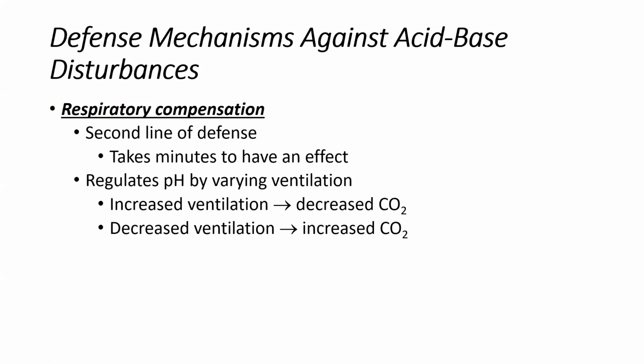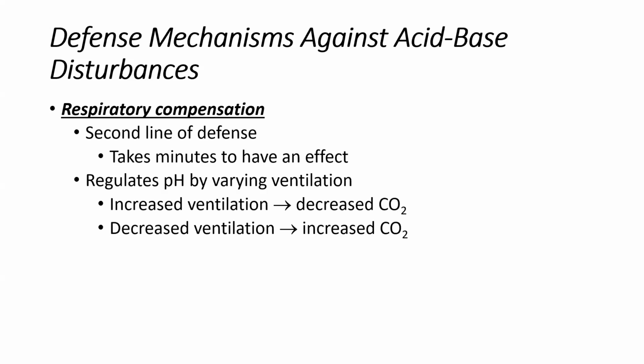Okay, now we get to speaking about the respiratory compensation. This is how the lungs can kick in and compensate or correct any acid-base disturbance. This is usually a short-term or immediate form of compensation. This takes anywhere from minutes to maybe an hour or so, so very short term in terms of having an effect.